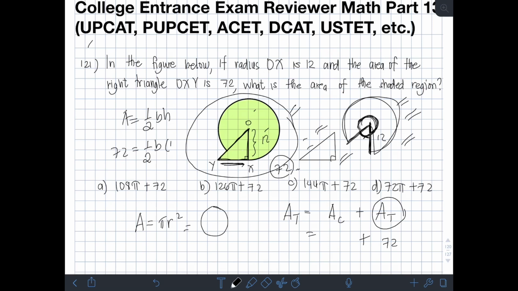So, B times height na 12. So, masasolve natin si base, right? So, solving for base here, cross multiply si 2, magiging 72 times 2 is 144 equals 12B. Okay? Divide both sides by 12. Anong makukuha nating value ni B? B is what? 144 divide 12 or 12. So, therefore, yung base natin dito is 12.